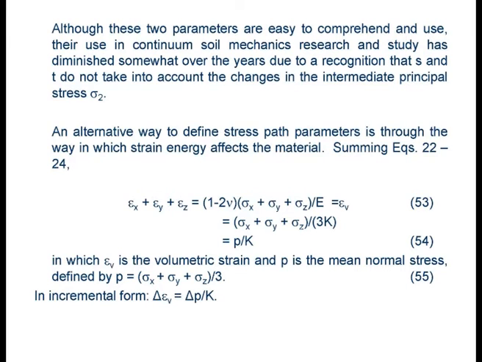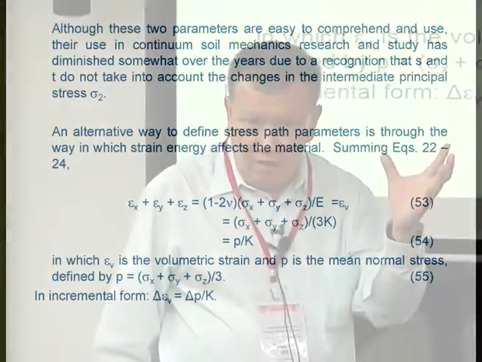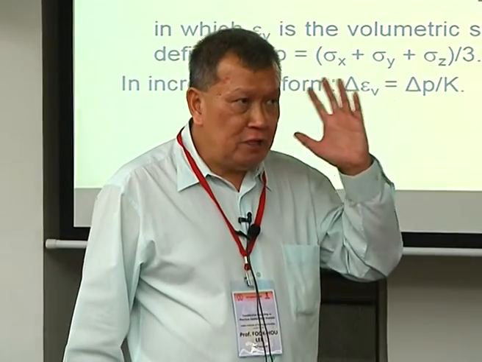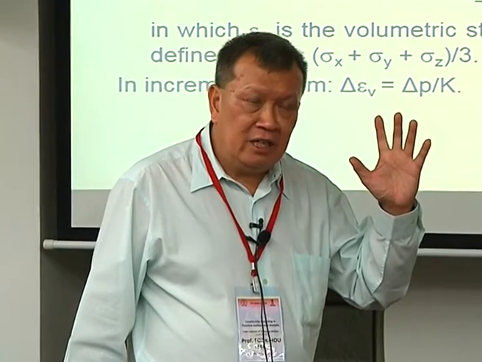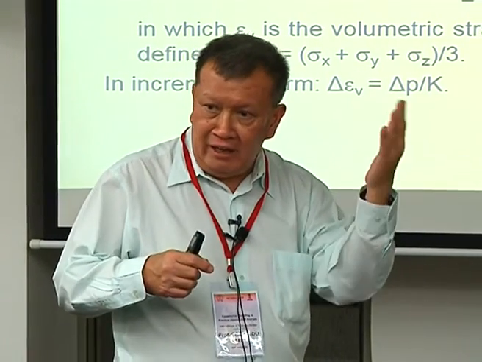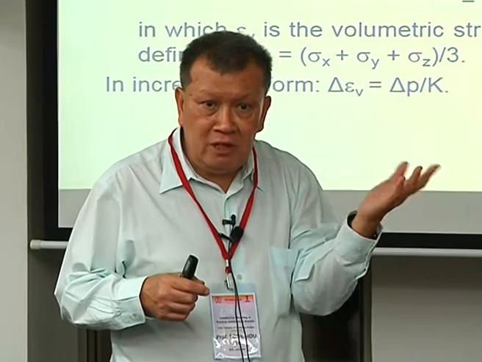Now there's a nice thing about using P. If you talk in terms of a single stress component like sigma x, sigma y, or sigma z, or a general sigma, the first question that somebody may ask is, sigma on which plane? Because even at a point, if you rotate the plane in a different direction, the normal stress can change.